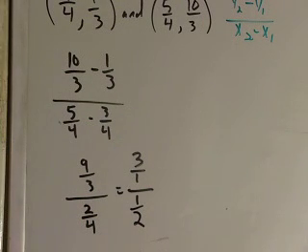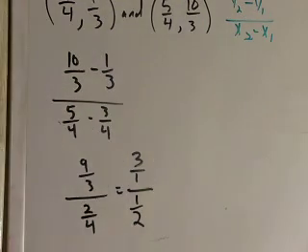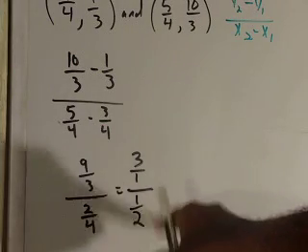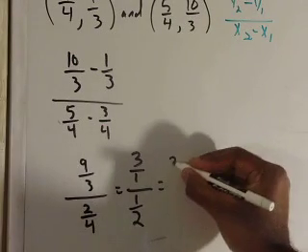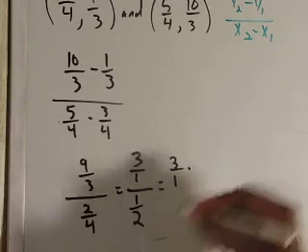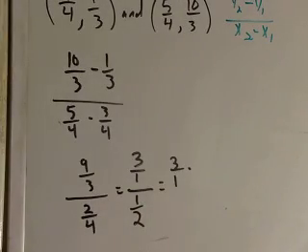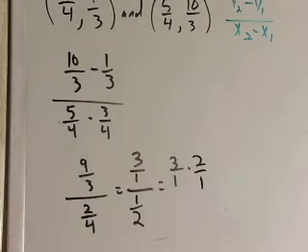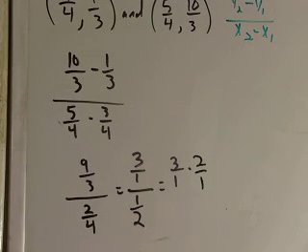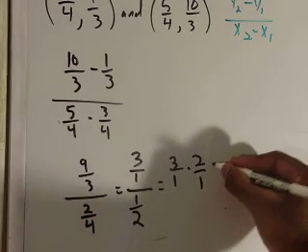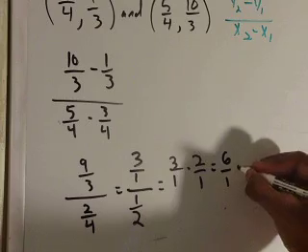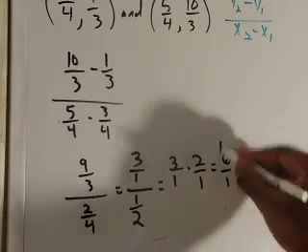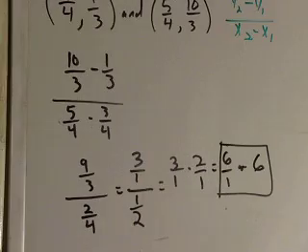And then how do you divide fractions? You take the reciprocal of the second fraction and multiply. So 3/1. What's the reciprocal of 1/2? 2/1. So 3/1 times 2/1 gives you 6/1, or 6. So the slope for those 2 points would be 6.